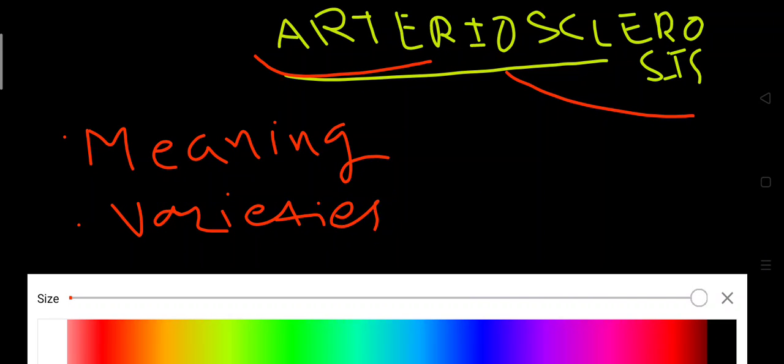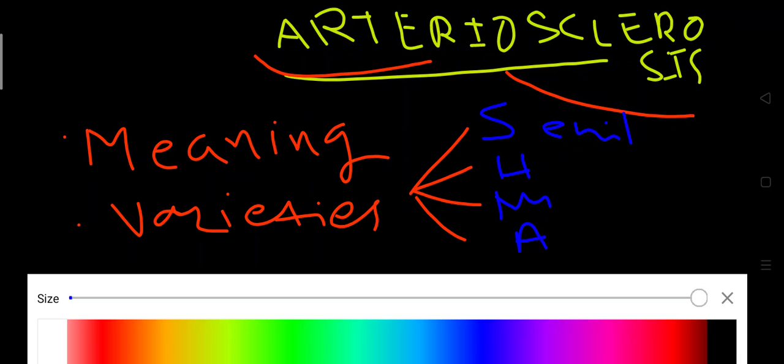Then we looked at varieties of arteriosclerosis, and we came to know that there are four different varieties which we remember by the initials SHMA. From S it is senile, from H it is hypertensive, from M it is Monckeberg, and from A it is atherosclerosis.